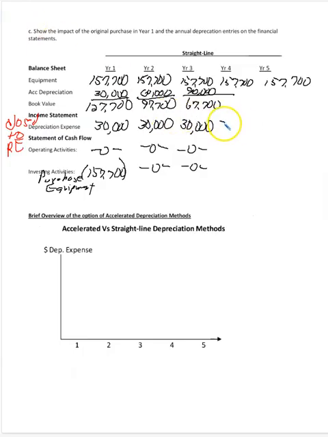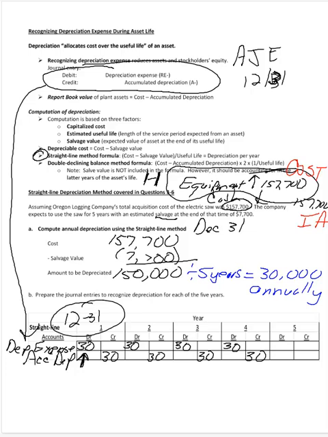So we will have depreciation expense of $30,000. We will add $30,000 to accumulated. It will grow to $120,000. 157 minus the 120. Now the book value is $37,700. No cash outlay. This expense gets closed to retained earnings, so it'll start off with a zero balance.